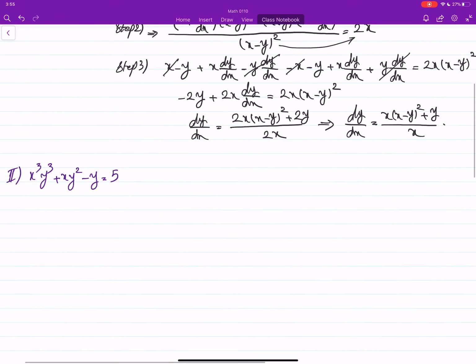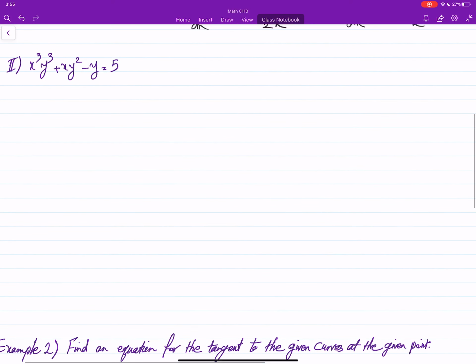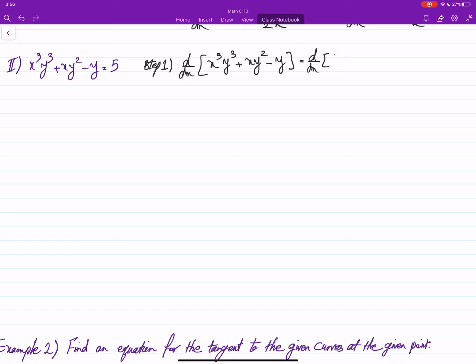The second example, again, an equation is given. We have to do it step by step. Step 1, differentiate both sides with respect to x. Then apply the differentiation rules. The first one is the product rule.